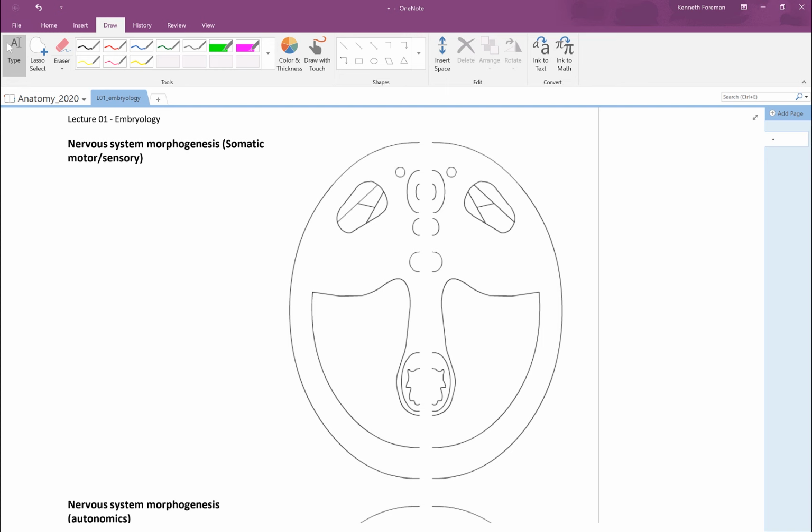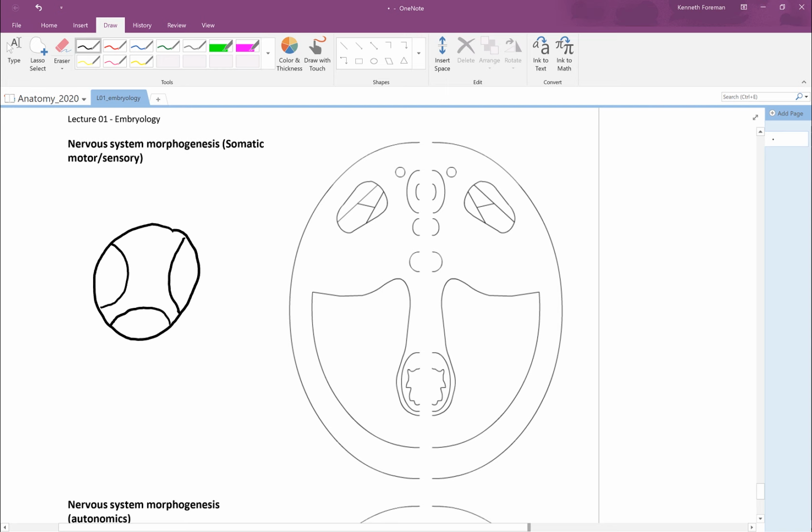So again, if we think about that kind of pattern of the spinal cord, which I just drew, so this would be dorsal and ventral of the neural tube.